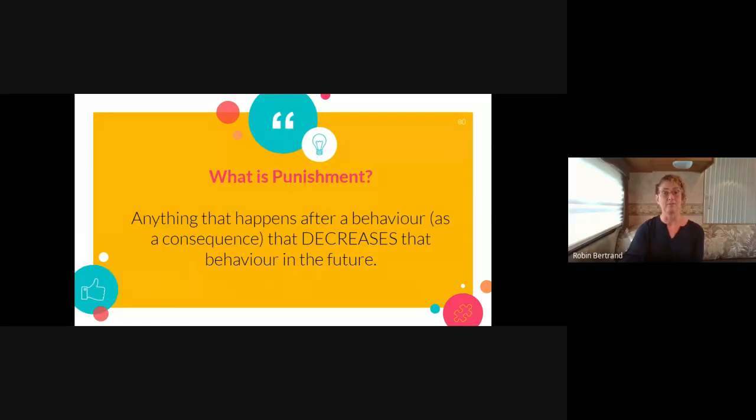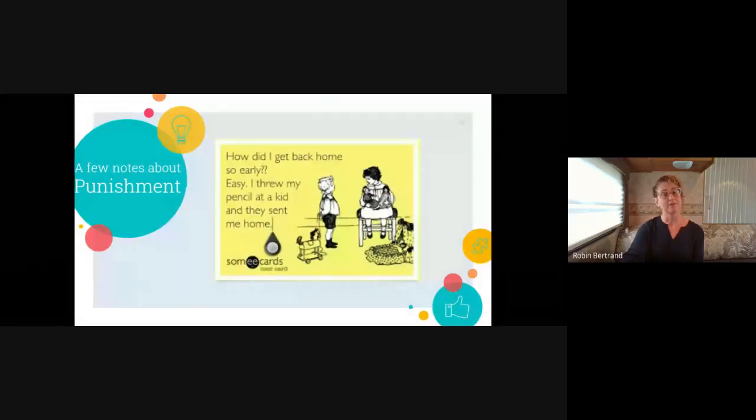In ABA, the term punishment refers to anything that happens after a behavior as a consequence that decreases the behavior in the future. Traditional parenting and teaching strategies have included attempts to use punishment as a method for reducing problem behavior. Research demonstrates when implemented ethically and effectively, punishment can bring about swift change in behavior.